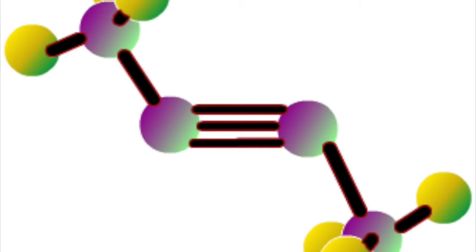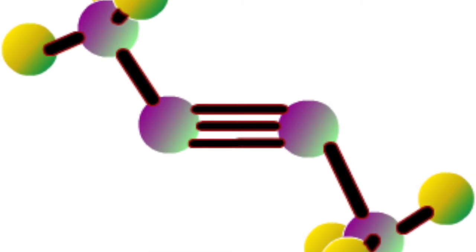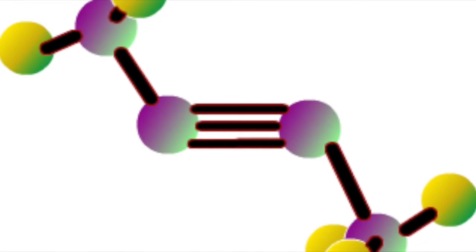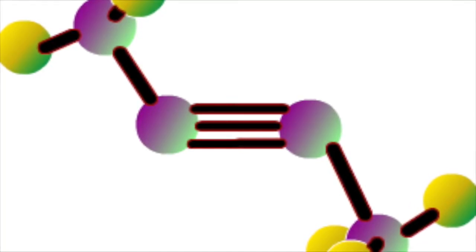Alkynes are hydrocarbons containing at least one carbon triple bond between two carbon atoms. The simplest acyclic alkynes with only one triple bond and no other functional groups form a homologous series with the general chemical formula CnH2n-2.